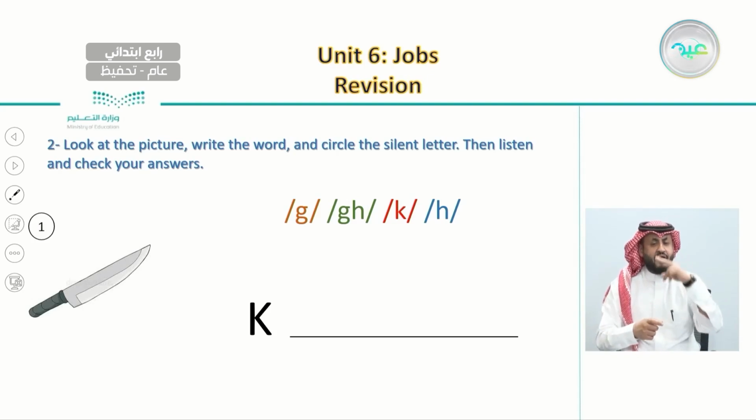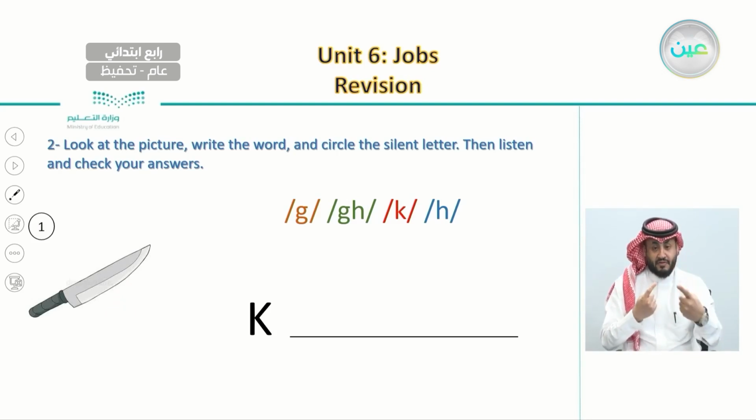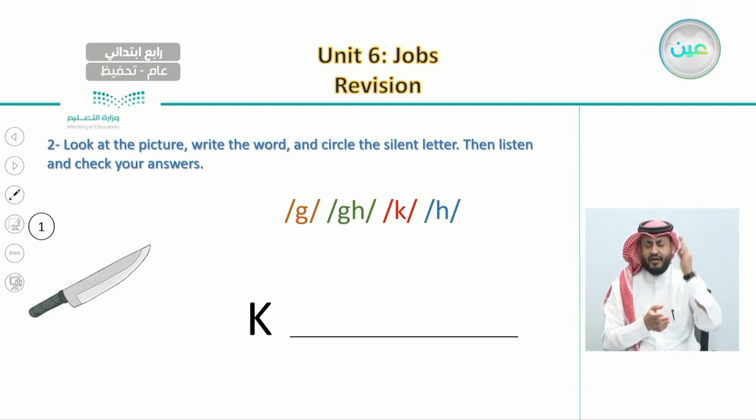If you remember the last exercise, we said that you need to look at the picture and write the word. After you write the word, you need to circle the silent letter, and then we'll listen and check our answers.